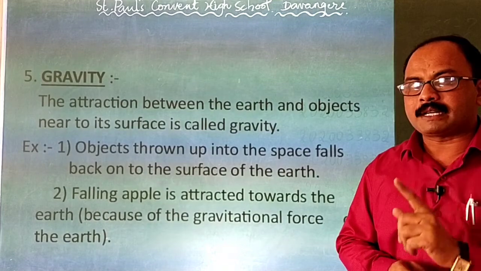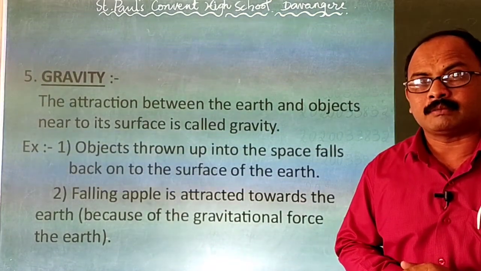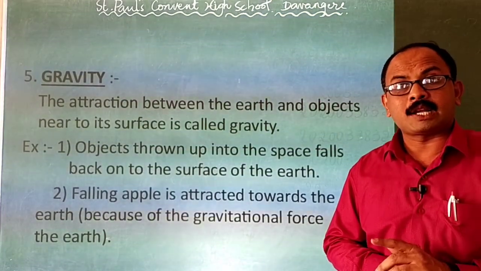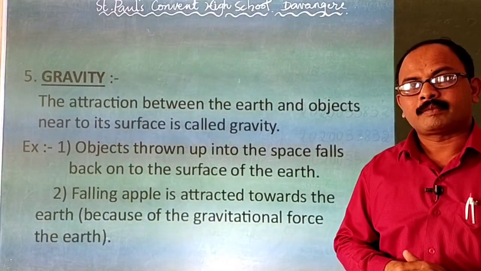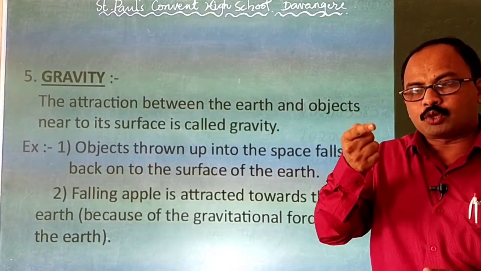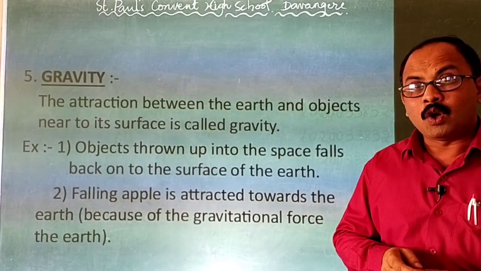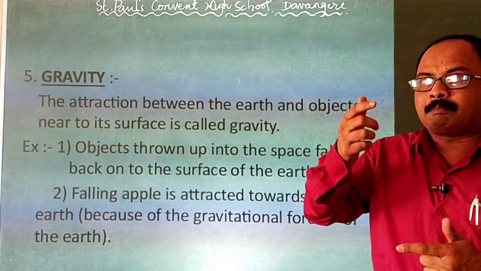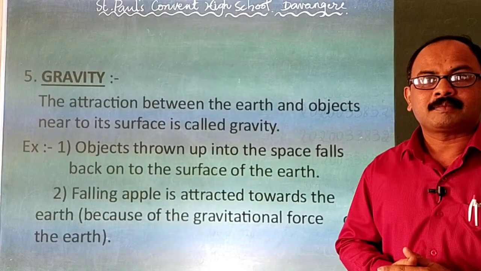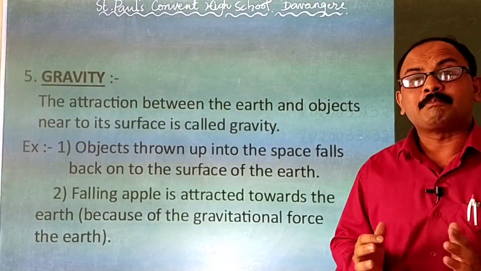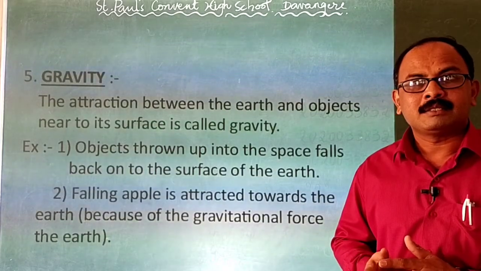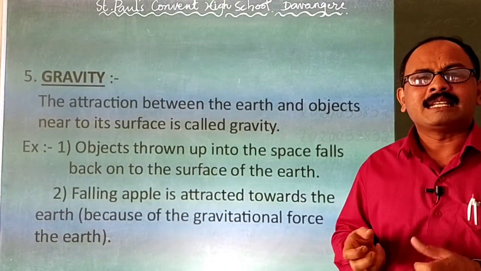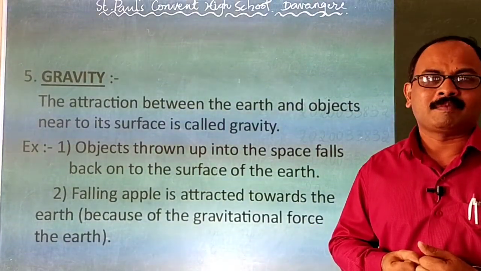There is a force of attraction as per gravitation. There is a force of attraction between the earth and the apple. Only the apple moves towards the earth, not the earth towards the apple. Why? Because if we compare the mass of the apple and the mass of the earth, the mass of the apple is negligibly small.